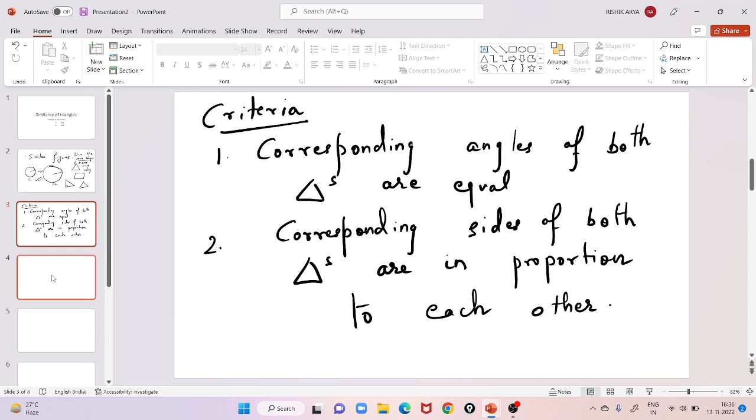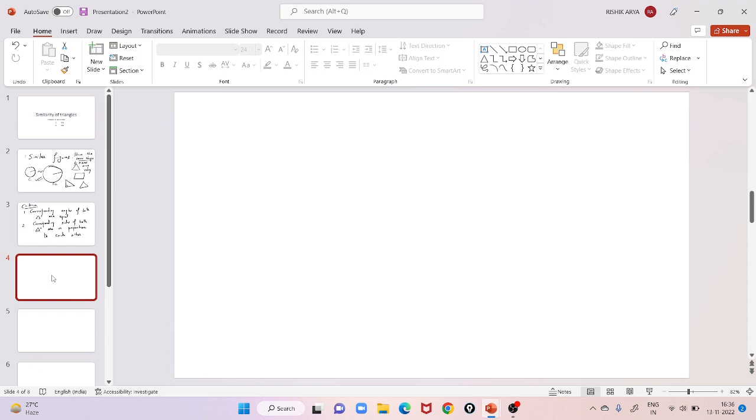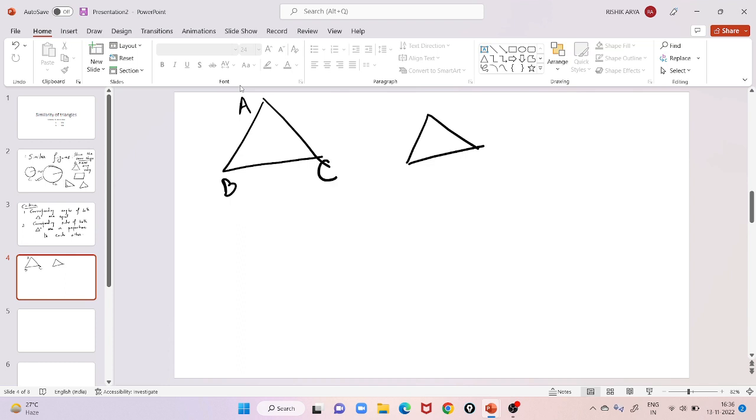For that, coming ahead, for example, if we are considering two triangles like this, one is the first triangle, this is another triangle. Let us suppose this is triangle ABC, and this one is triangle XYZ.